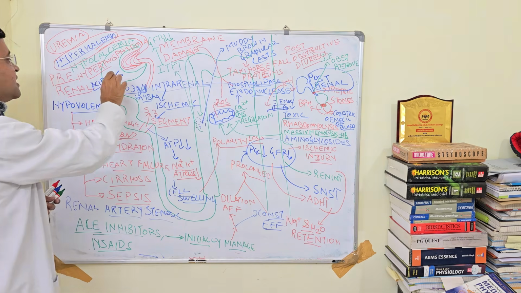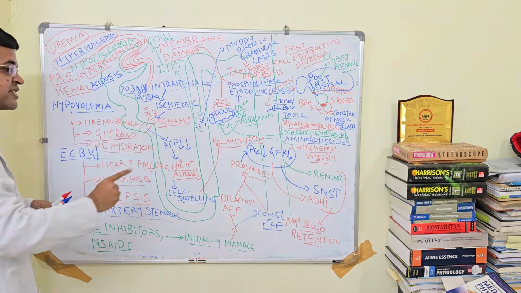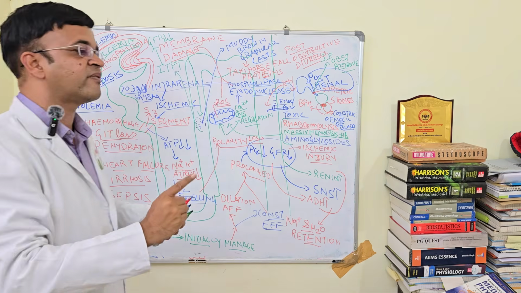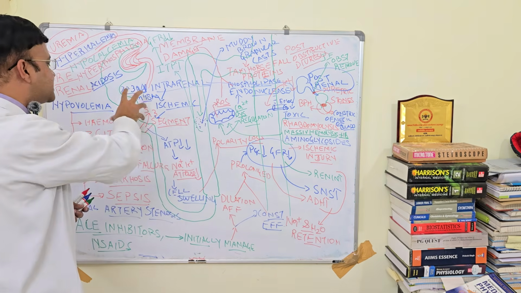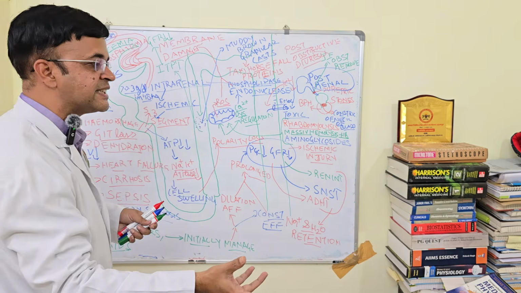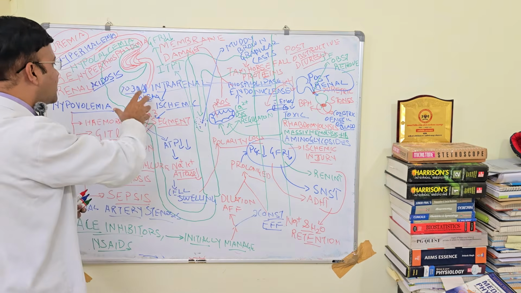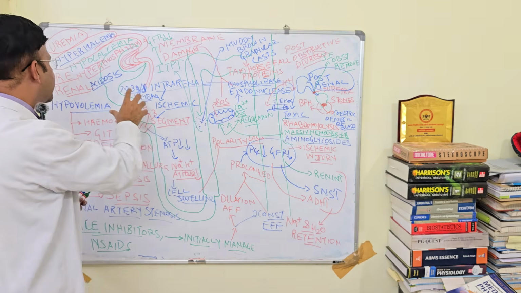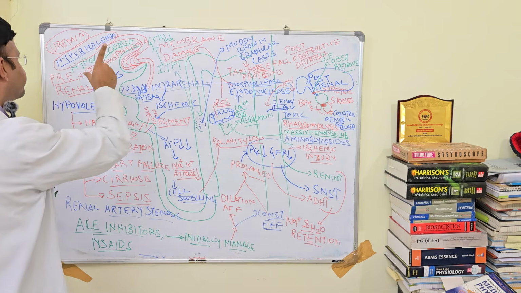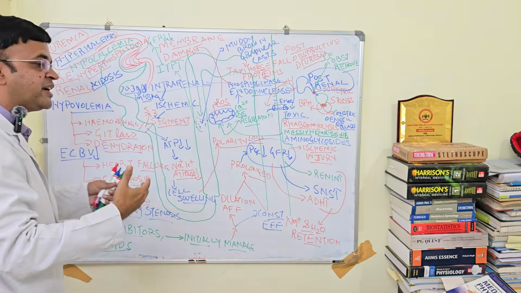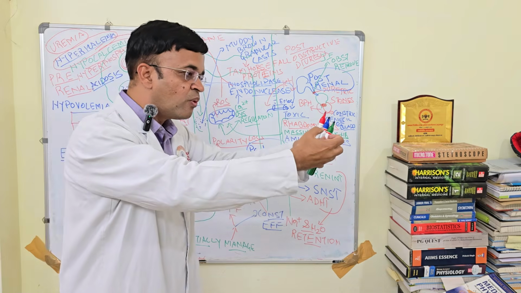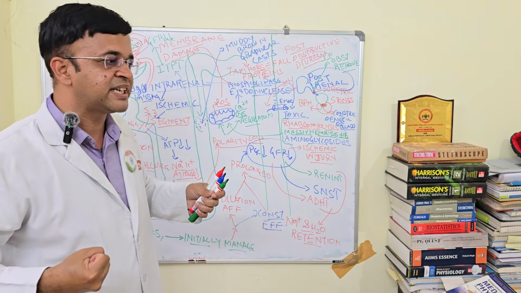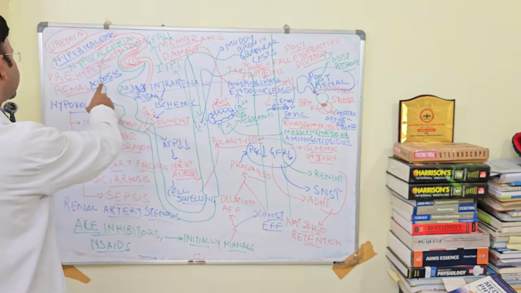Why hypocalcemia? Because the last step of vitamin D synthesis, 1-alpha hydroxylation, actually happens inside the PCT, right? If your PCT gets ischemic damage, then vitamin D won't be formed and calcium won't be reabsorbed from the intestine, right?